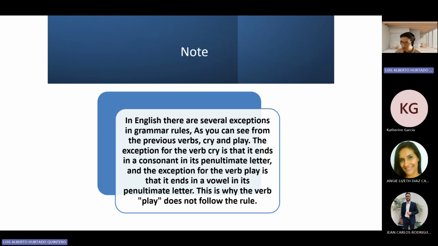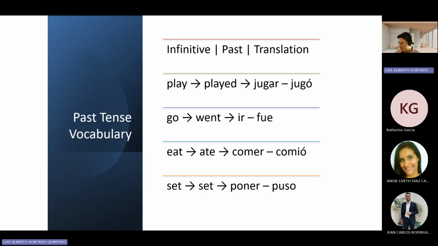Okay, I am going to use some verbs to show you some examples. In this case, play. As I told you, the past would be played and the translation would be jugar o jugó para nosotros en español. The verb go, the past is went and the translation is ir o fue.